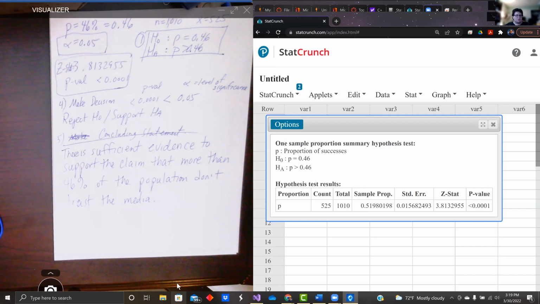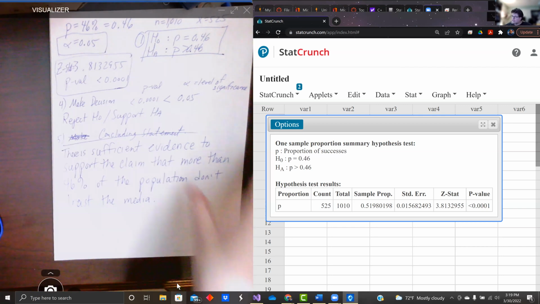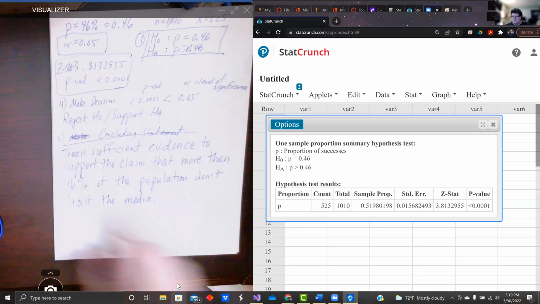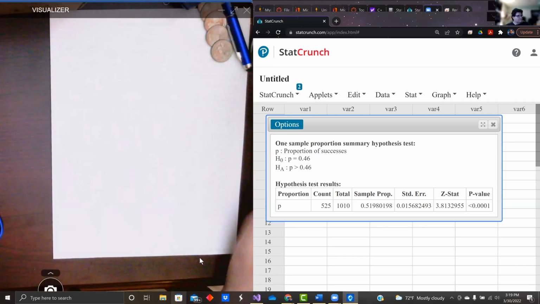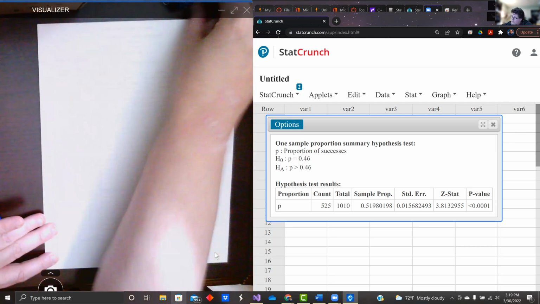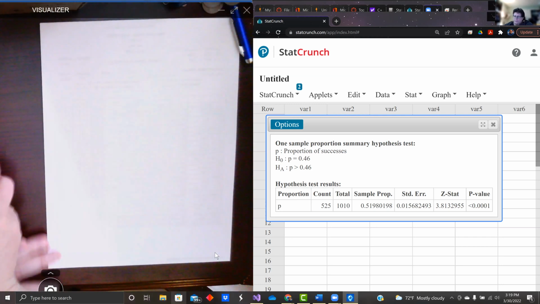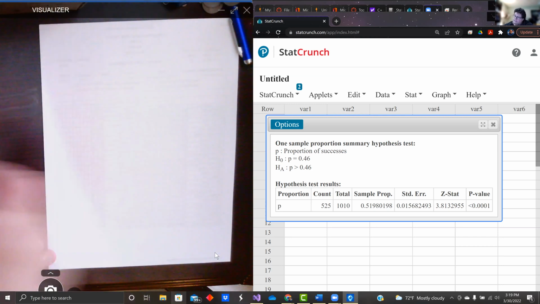Let's take a look at what happens when we're dealing with a mean. So 10.3 is talking about sample means.